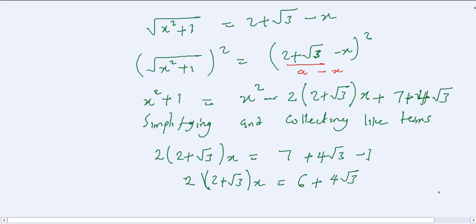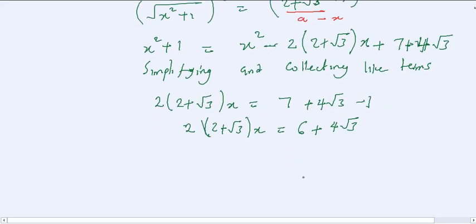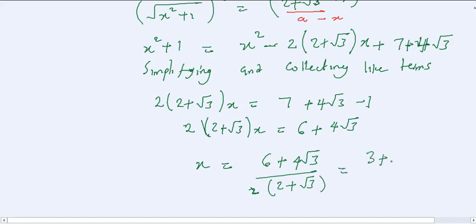So to get x, divide both sides by 2 open bracket 2 plus root 3. This is 6 plus 4 root 3 over 2 open bracket 2 plus root 3. And dividing both sides, 2 can cancel. This one will remain 3 plus 2 root 3 over 2 plus root 3.